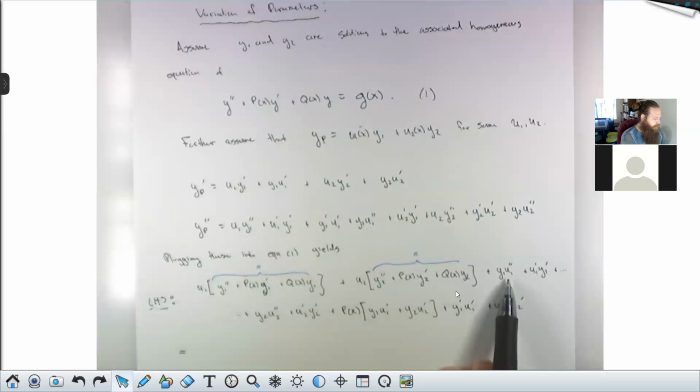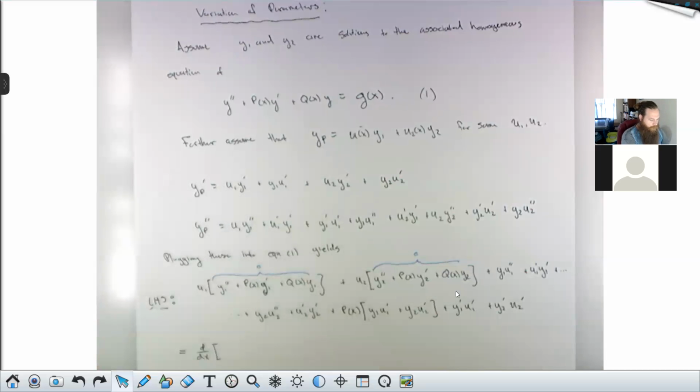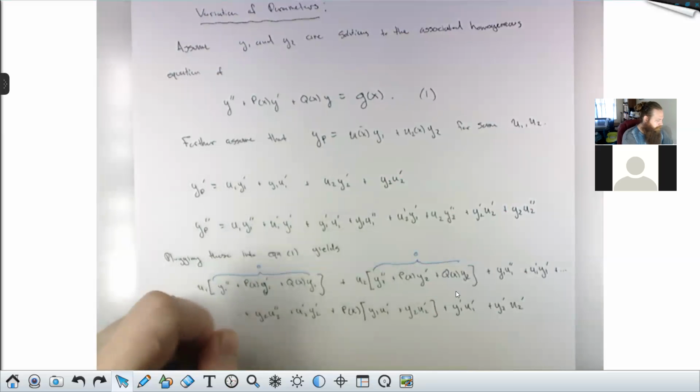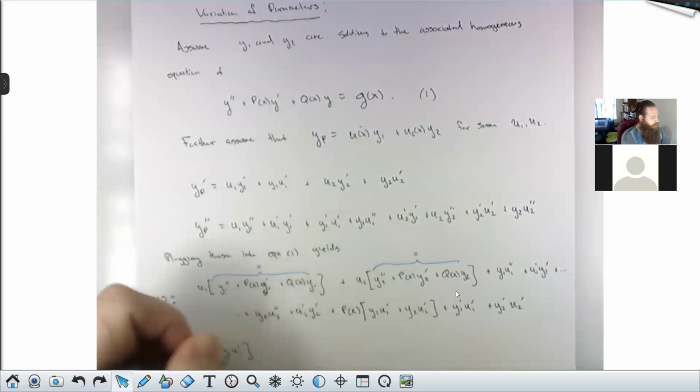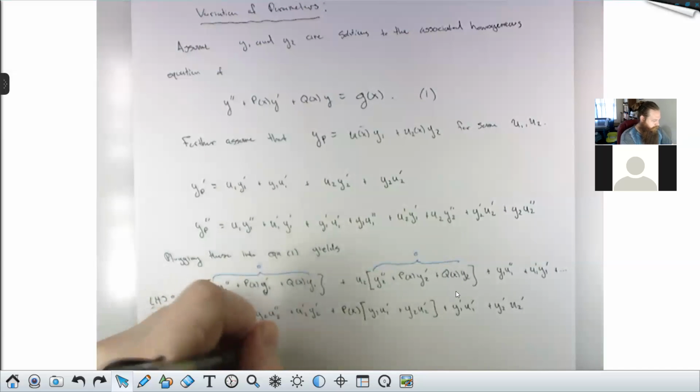These two terms are the derivative d/dx of y1 u1 prime. If you apply the product rule to this product, you get these two terms. Looking at the other pieces over here, I can see those as a product rule derivative also.